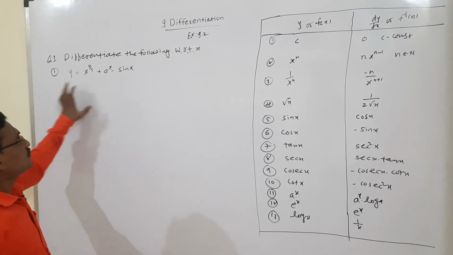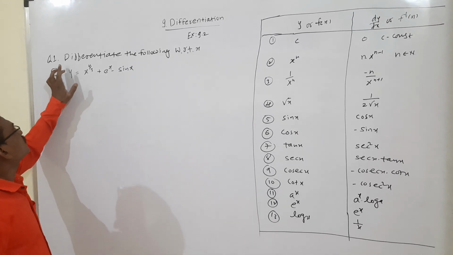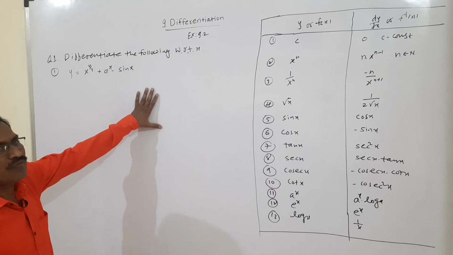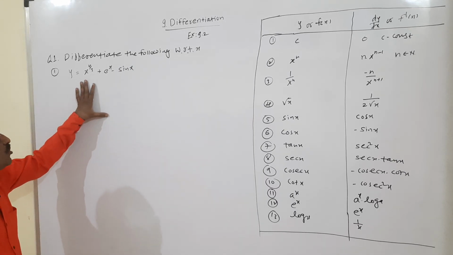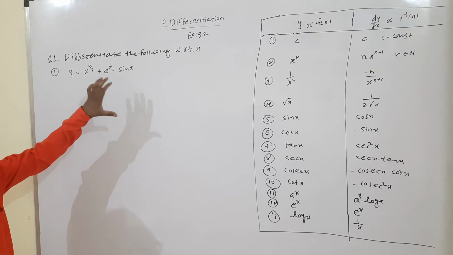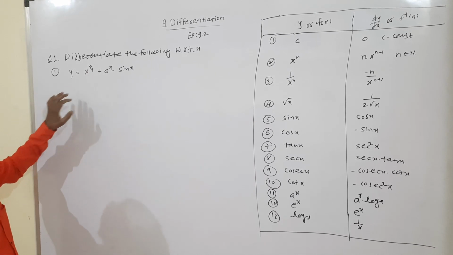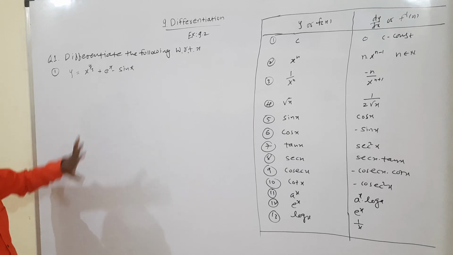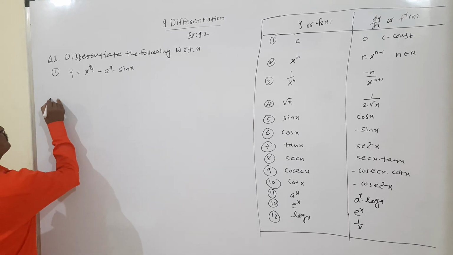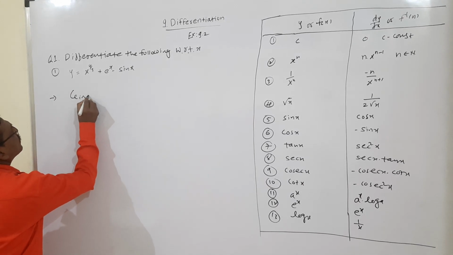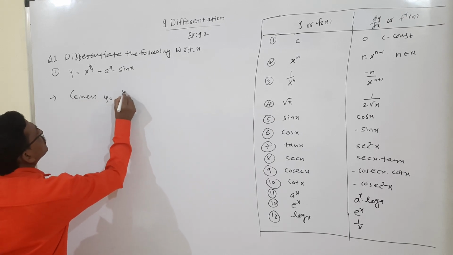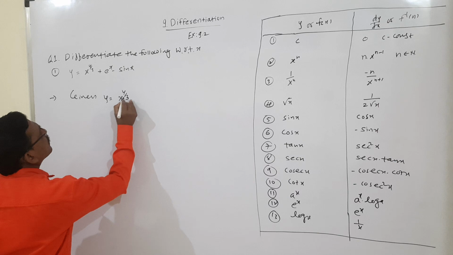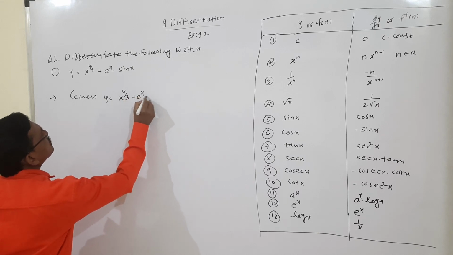The first question of exercise 9.2: differentiate the following with respect to x. It means we have to find the derivative of this function with respect to x. So write down the given function: y equal to x raised to 4 by 3 plus e raised to x minus sin x.